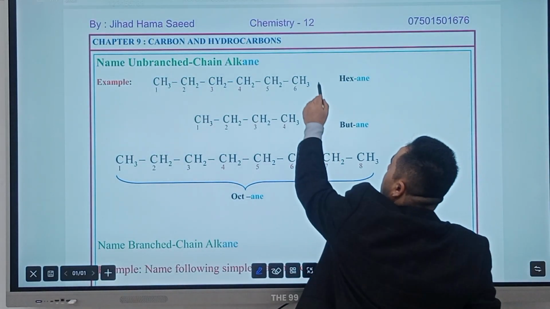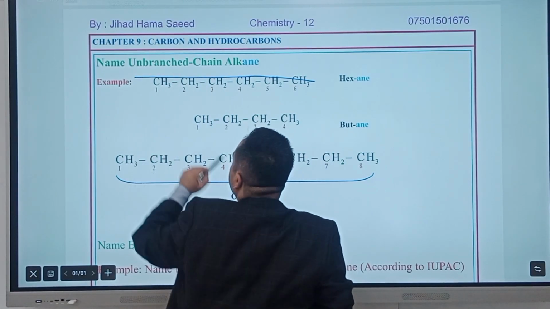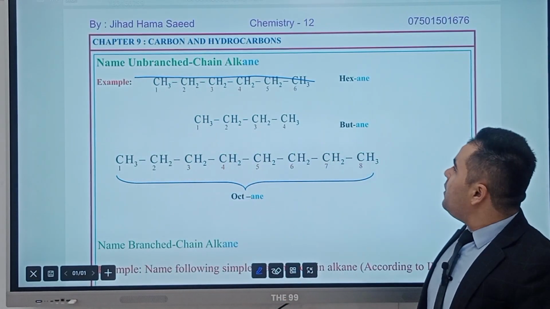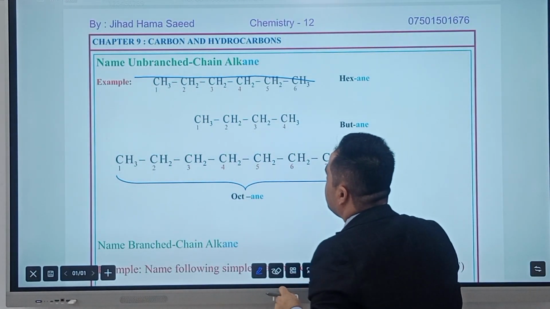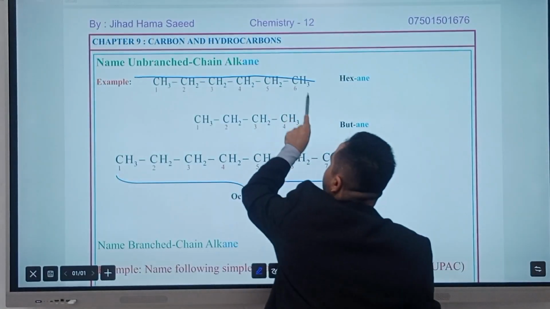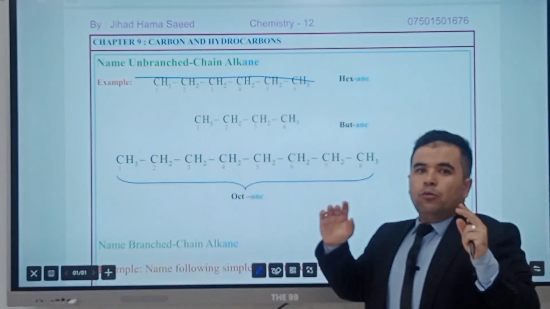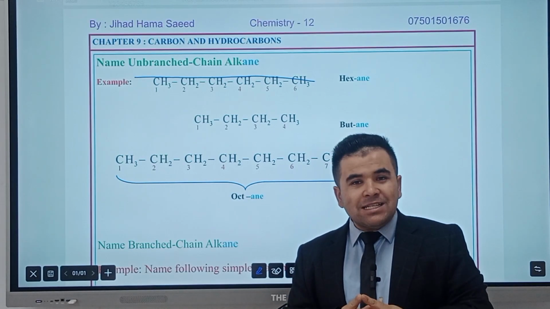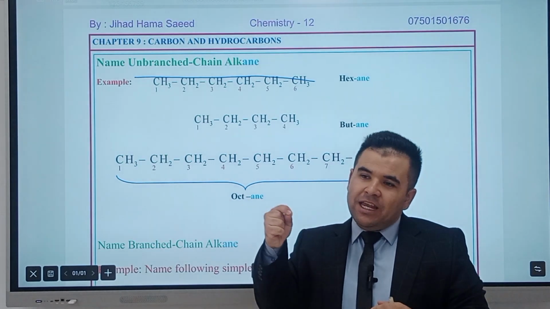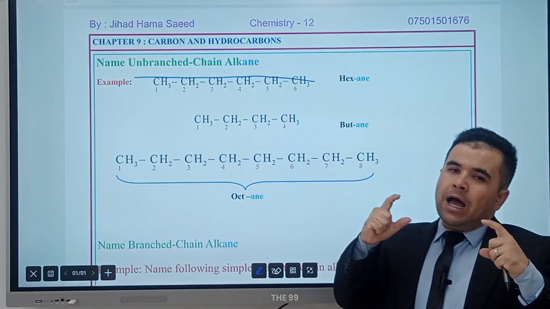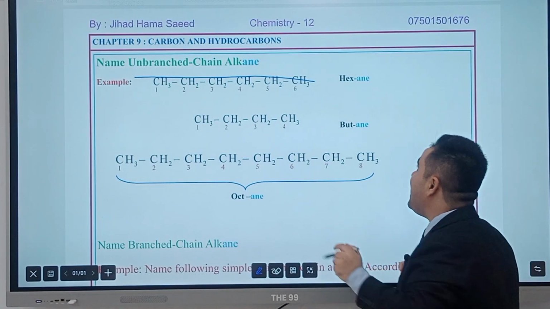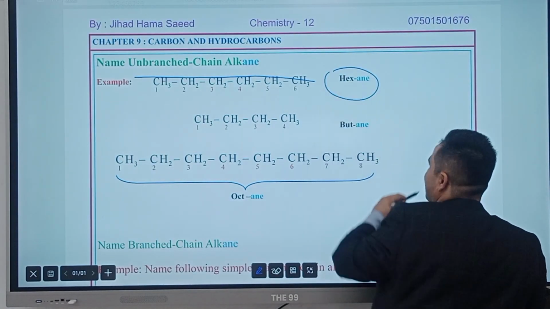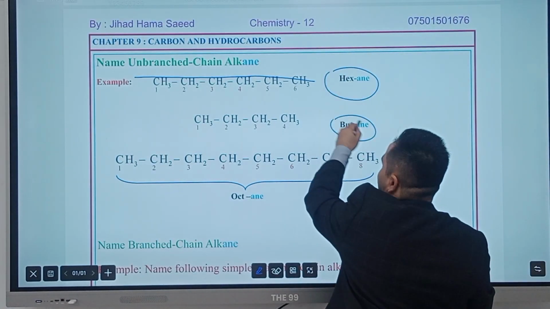Guys, as you can see, when you draw a line, it's a straight chain, and the number of carbons is 6. We do not have branches. For 6 carbons, we use the prefix hex and the suffix ane, hexane.